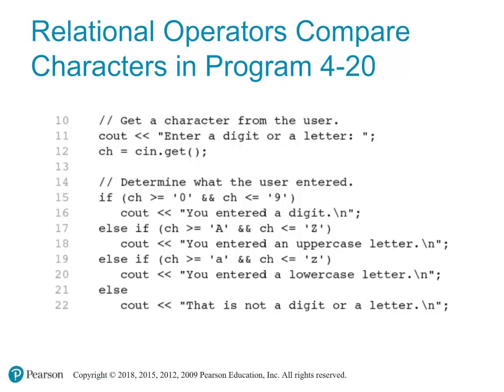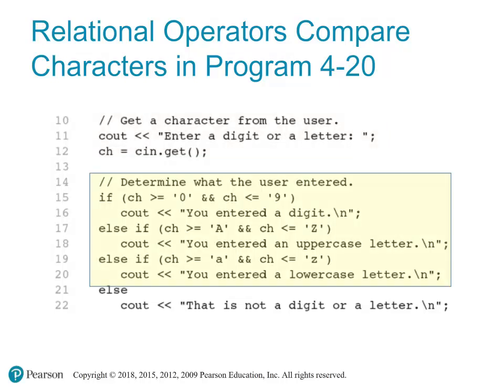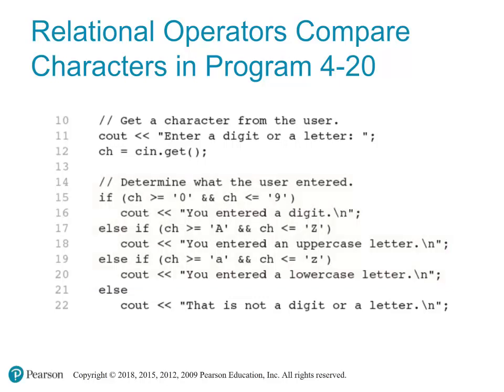First, we have a cout, enter a digit or a letter, and ch is equal to cin.get. So the program prompts the user to enter a digit or a letter and captures it using the cin.get function. Then the program uses a series of if-else-if statements to determine the type of character entered based on its ASCII value.